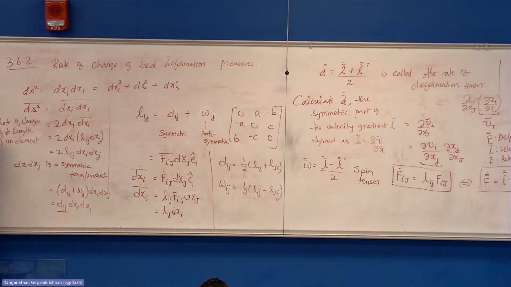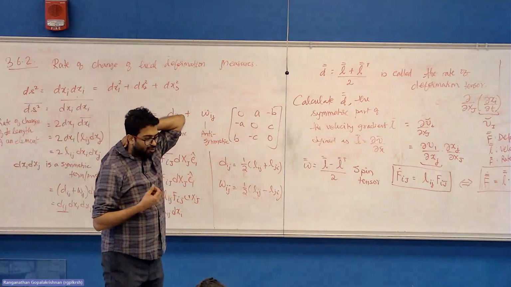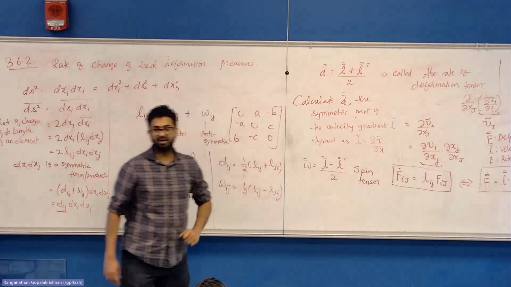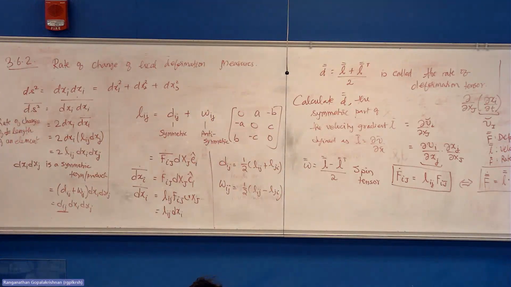Okay, we are seeing a long list of these quantities, right? Can you think of a situation where you would actually use these, and what would be the utility of defining a deformation or a spin tensor and so on? Can you think of a way that these will actually be useful?